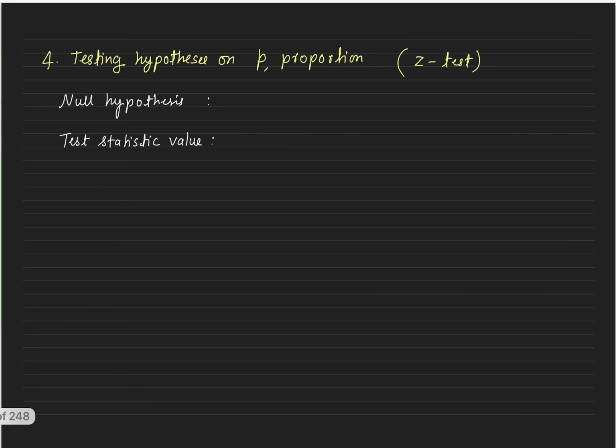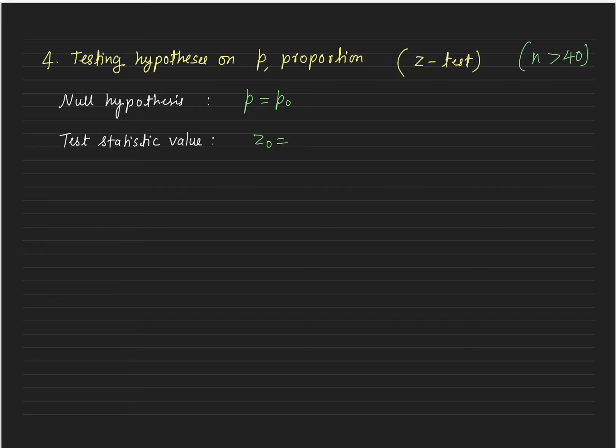Now, finally, testing the hypothesis on proportion. The null hypothesis is P is equal to P naught, and the test statistic is Z in this case. We assume that n is large, again greater than or equal to 40. Let me call the test statistic value Z naught.